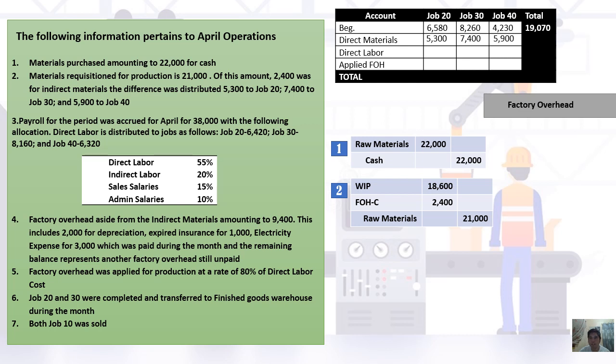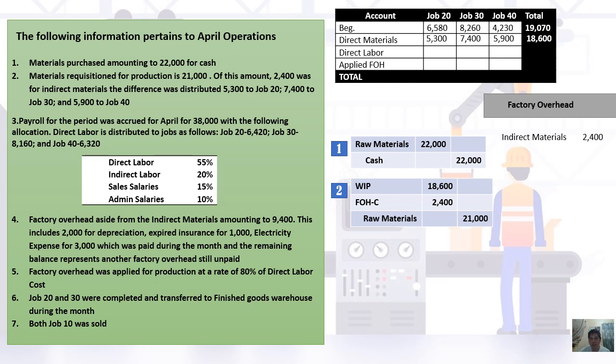For job 40, 5,900. The total materials issued to production related to direct materials is 18,600, which is equivalent to our journal entry. At the same time, we also debited factory overhead control related to indirect materials, so let's list what kind of factory overhead control that is. In our case, we have indirect materials, and the amount is 2,400.